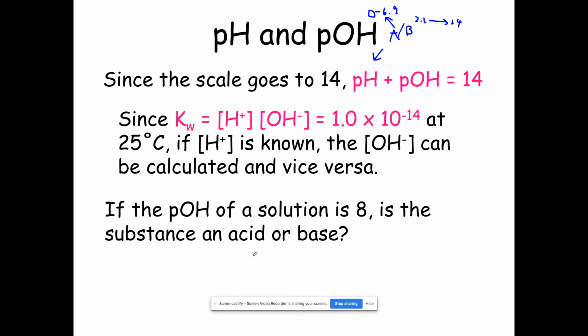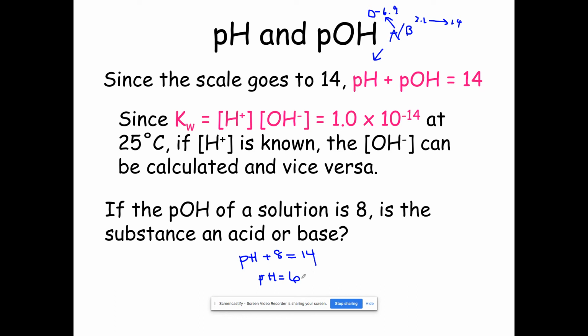All right, so if pOH is 8, we are looking for pH. pH plus pOH has got to equal 14. So how do I solve for pH? How about we subtract 8 from both sides? pH is 6. Okay, now what do I do with that information? I know the pH scale.